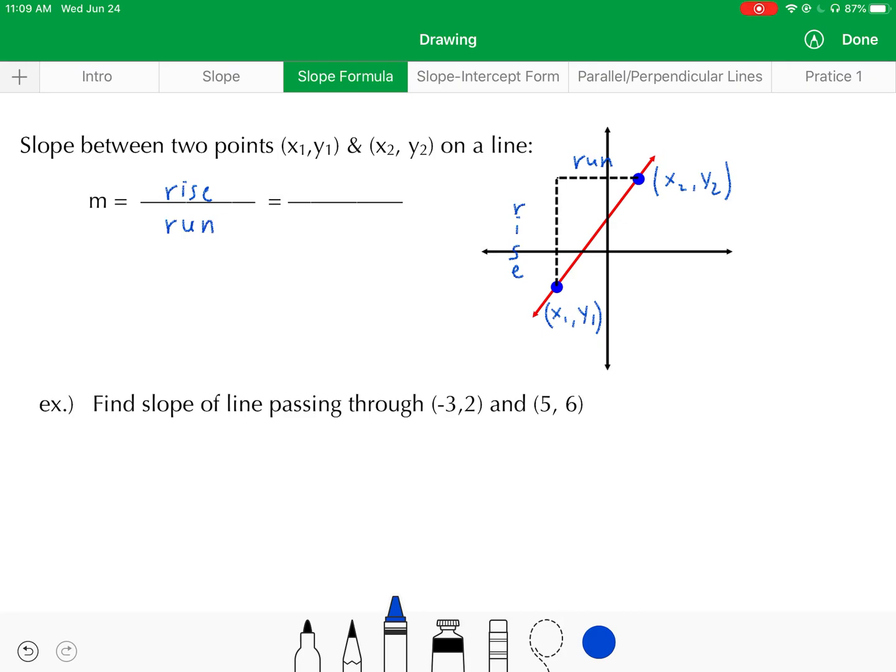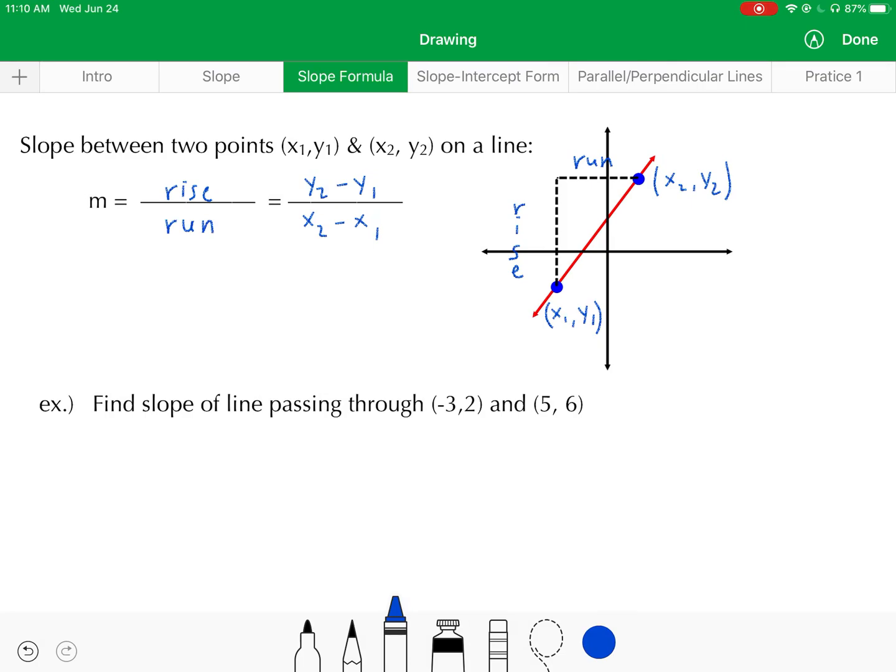I can find the rise by taking the coordinate of y sub 2 and just subtracting y sub 1. That'll give me that vertical change right there. And then I can find the run very similarly, x sub 2 minus x sub 1. Okay, so hopefully that formula looks familiar to you and you've seen it in the past.